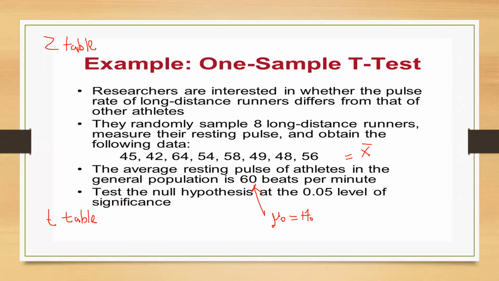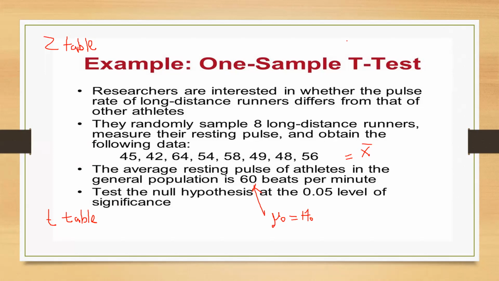And remember, I told you that our T table has different formats. We have the negative table, if you are dealing with values that are on the negative side. If you are dealing with values on the positive side, you look up your value in the positive table.